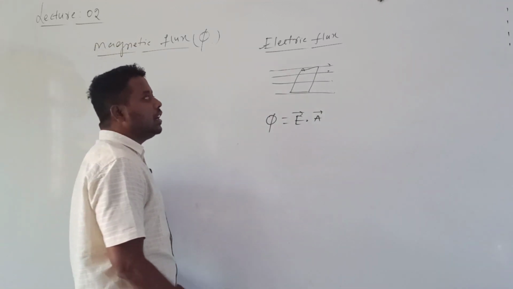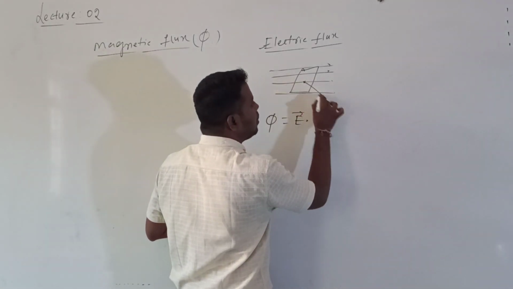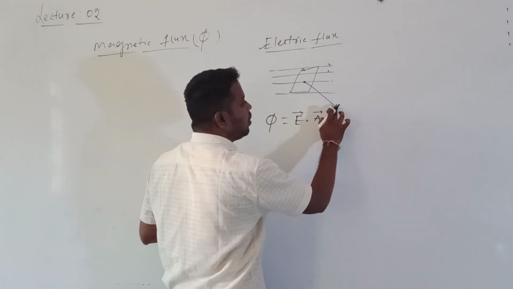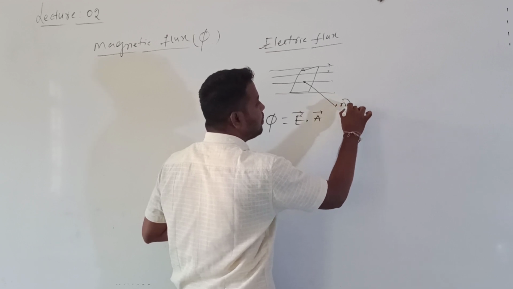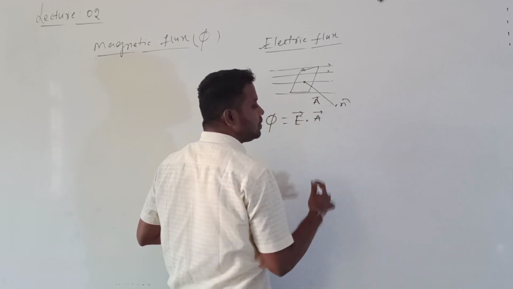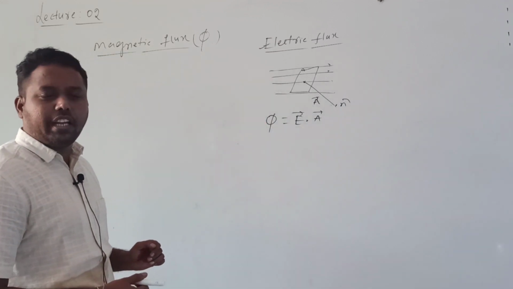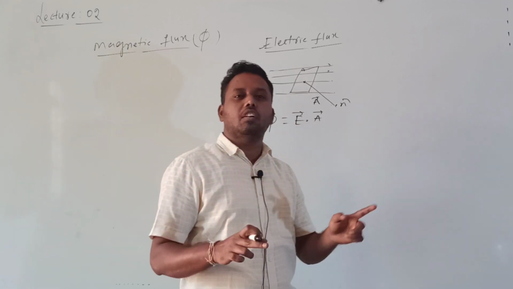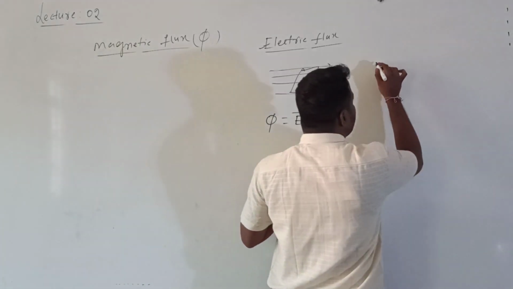What is the area vector? If I draw a normal to the area, this is the area A. If I draw a normal to the area, n cap, then it is represented by A bar. The direction of the area vector will be in the direction of the normal.